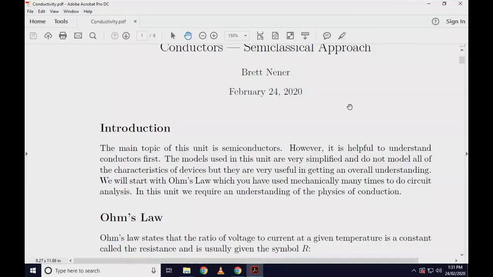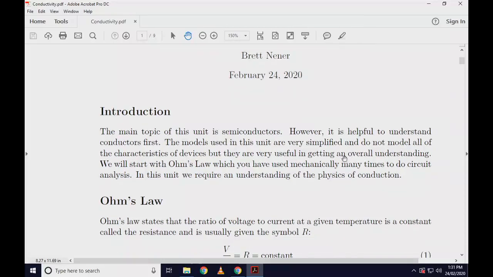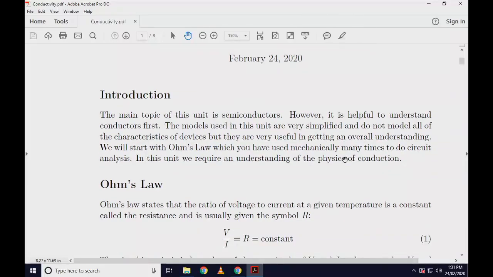We will need to get into some quantum mechanics a little bit later, but it is not the stuff probably some of you have done in physics. It's not the sort of high-level stuff. Very basic stuff, just to give you a flavor and an understanding of some of the concepts in semiconductors.